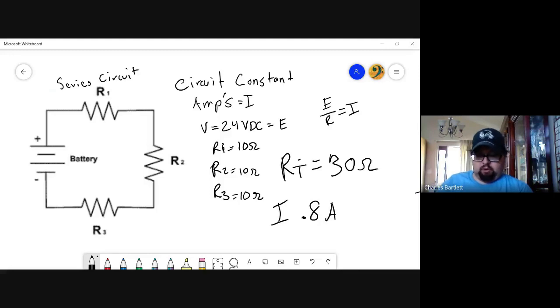Now that amperage would be everywhere on the circuit. It wouldn't matter if it was here, here, or here, going across the resistance. It would always be 0.8. I equals 0.8 amps.